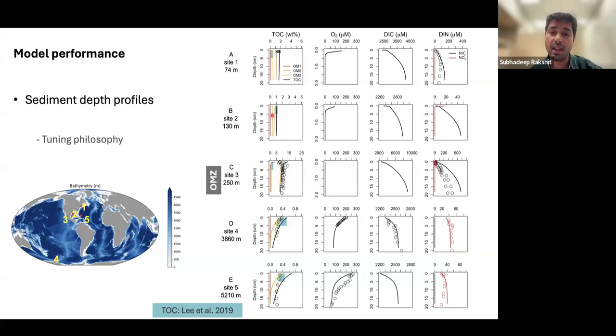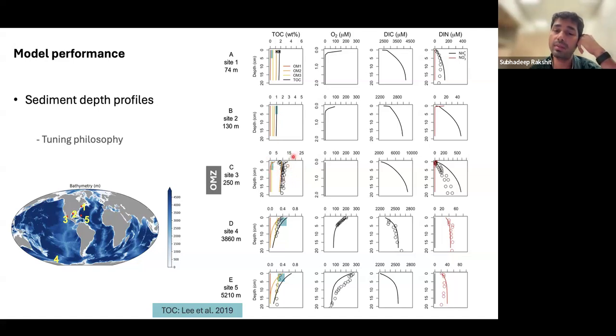A very contrasting situation you can see under the oxygen minimum zone, where you get a very high preservation of organic matter in the sediment in the observational data. However, the machine learning map also excludes the sites that have more than 5% TOC content, so it does not really predict the high carbon preservation at this site.